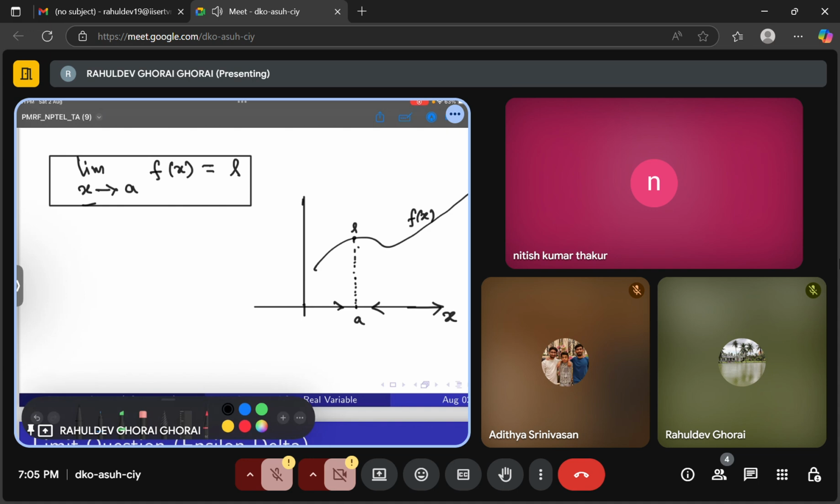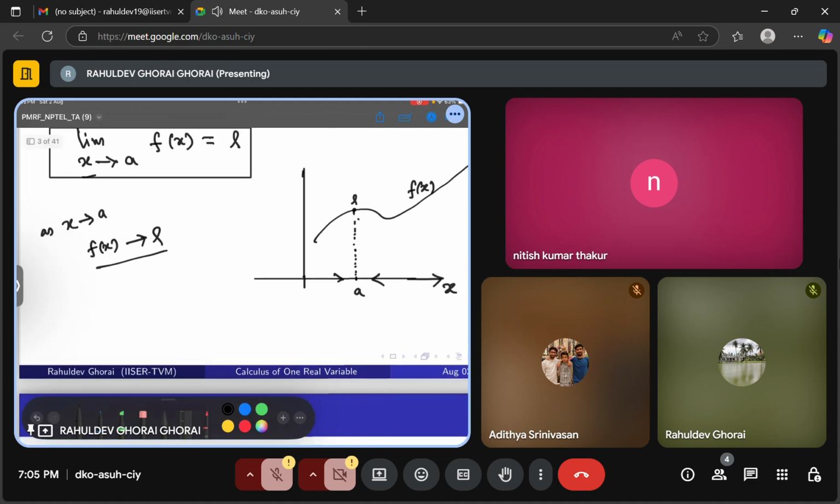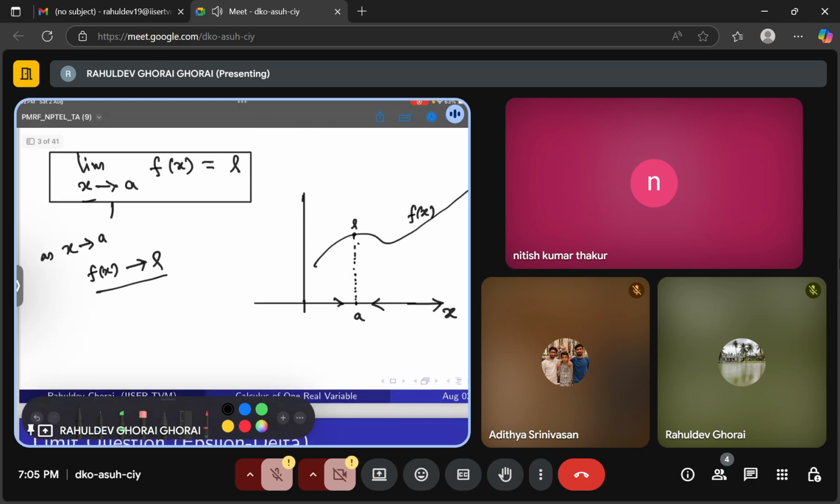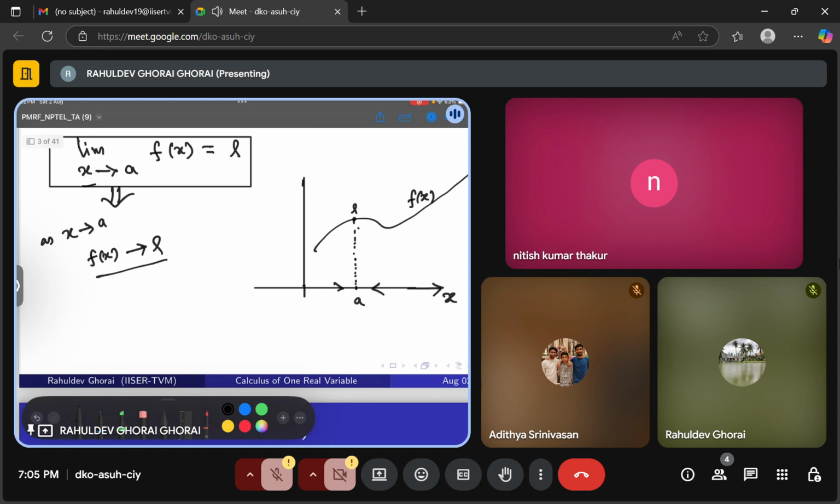So if x approaches A, f(x) should approach L. What is the meaning of that? First is this implies this. Second, what is the meaning of: as x tends to A, f(x) tends to L?